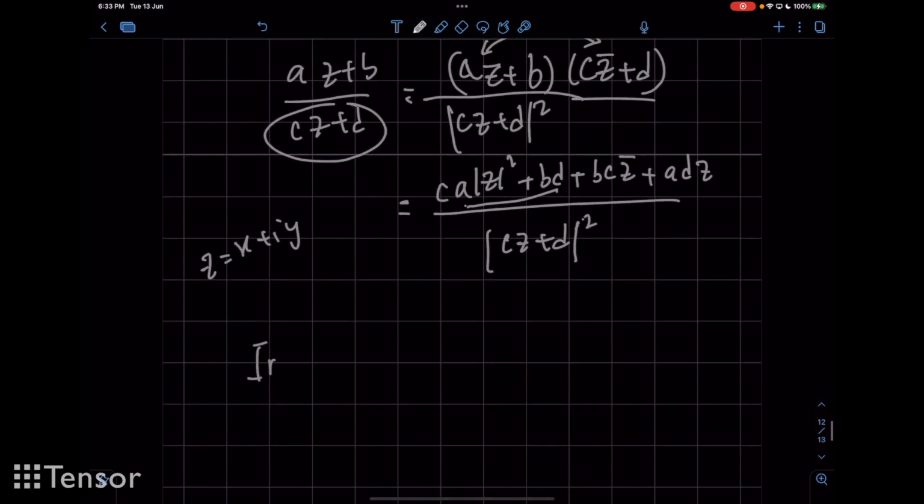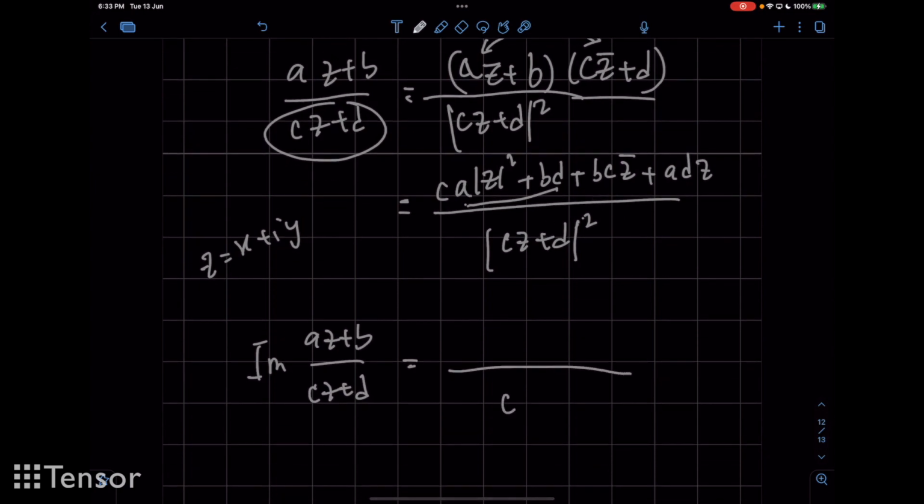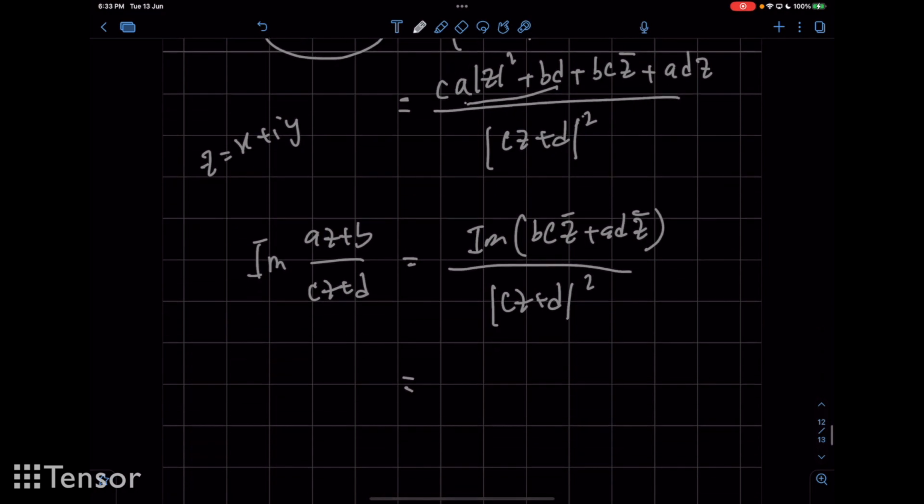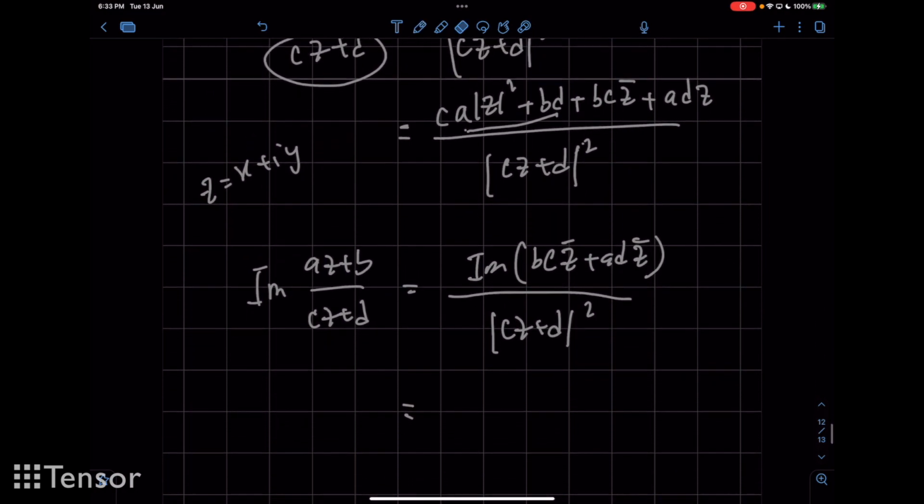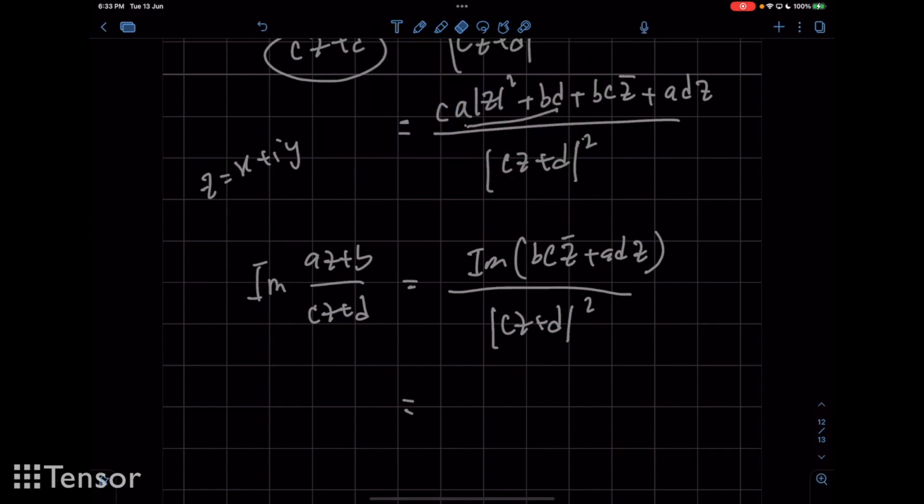So the imaginary part of az plus b over cz plus d is equal to one over cz plus d mod square times the imaginary part of this one, bc z plus ad z bar. And sorry, it should be only z here.